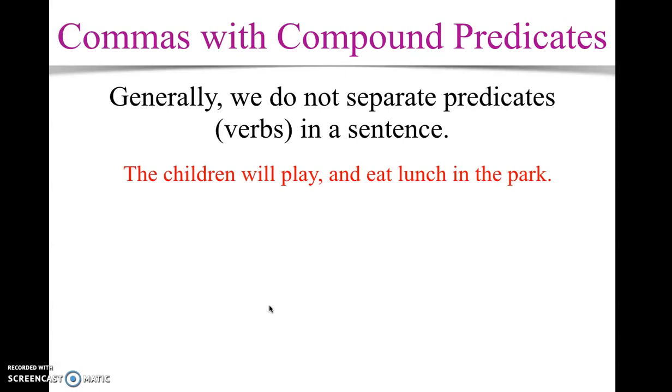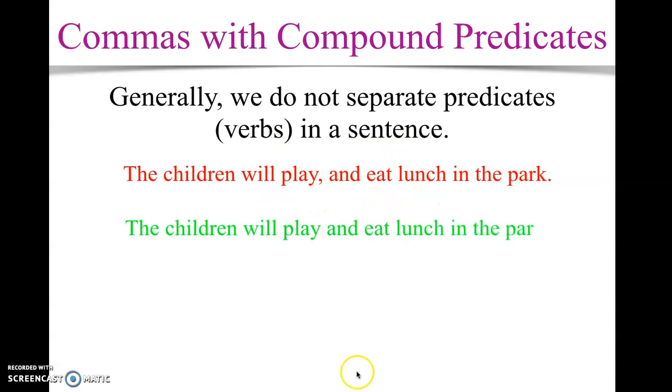The children will play, comma, and eat lunch in the park. Well, we don't need to separate these, right? The verbs, right? Will, play, and eat. We can just say the children will play and eat lunch in the park, right? They will do these two things, and this, and this. No need to separate them.